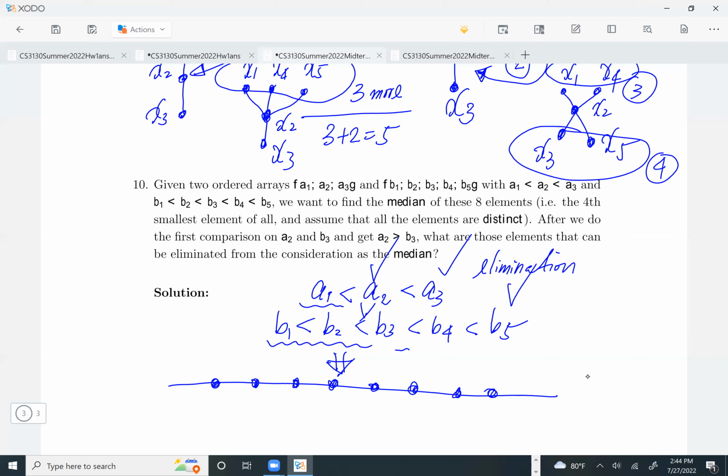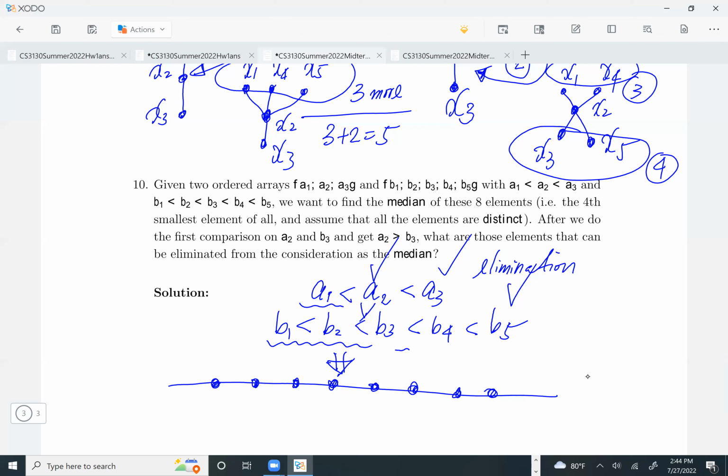From the right-hand side, b1 is less than 4 here, and 2 more from the A array: b1 through b3 less than a2, a3.